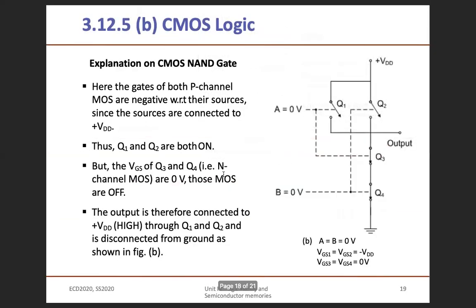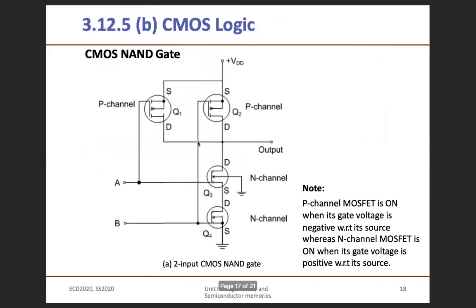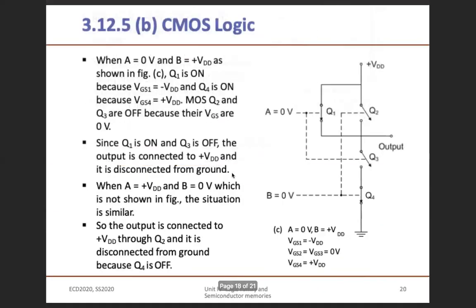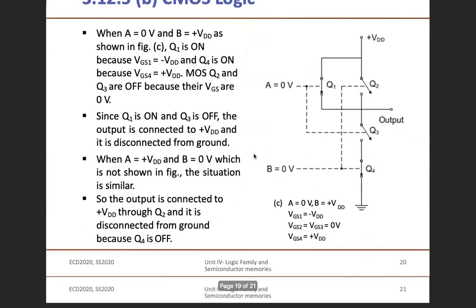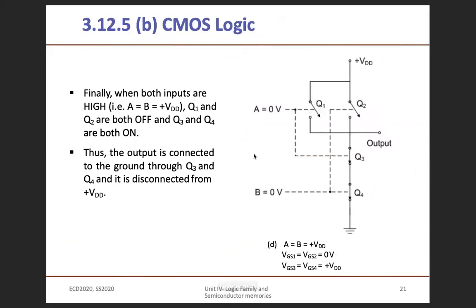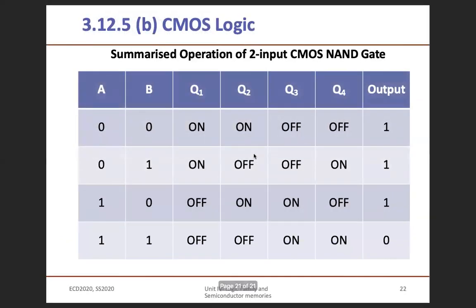So here is the explanation, and this is the equivalent switching circuit for this one. Explanation continues. And this is the summarized operation of the two input CMOS NAND gate. We have 4 transistors, Q1, Q2, Q3, Q4. How do the transistors turn on?